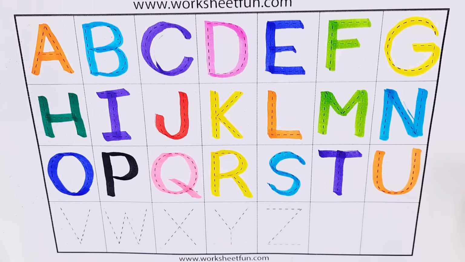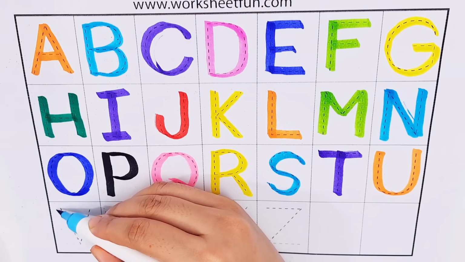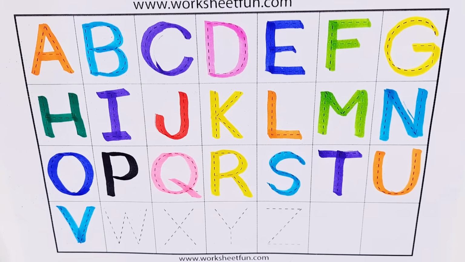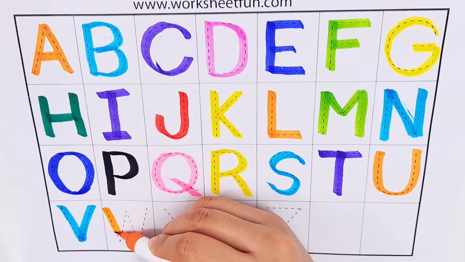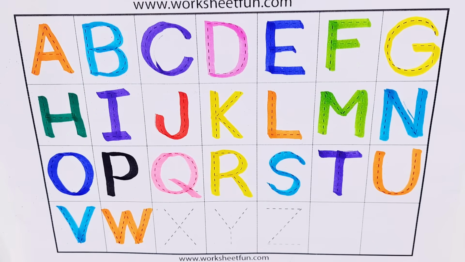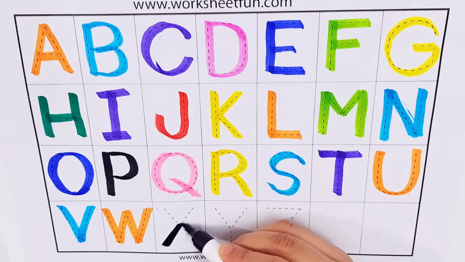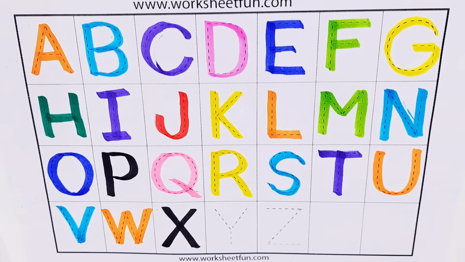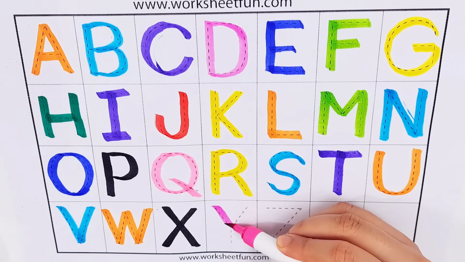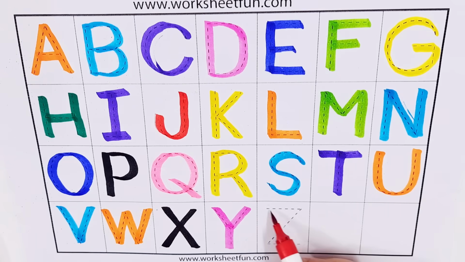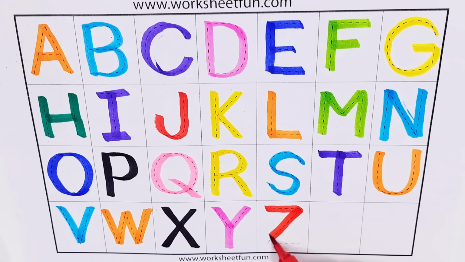U for universe. V for vanilla. W for wax. X for xylophone. Y for yak. Z for zipper.